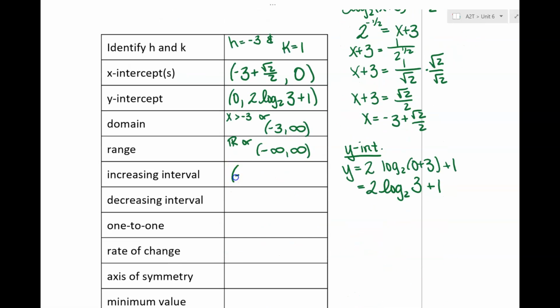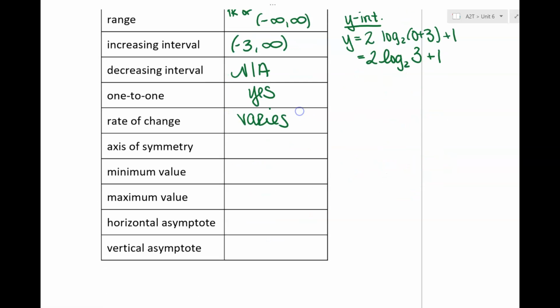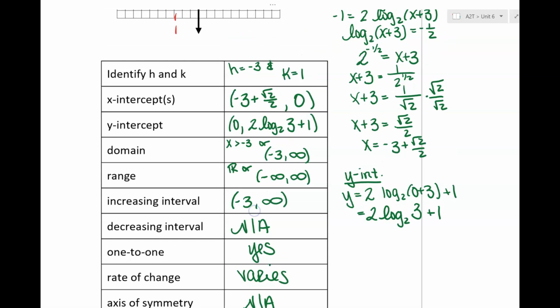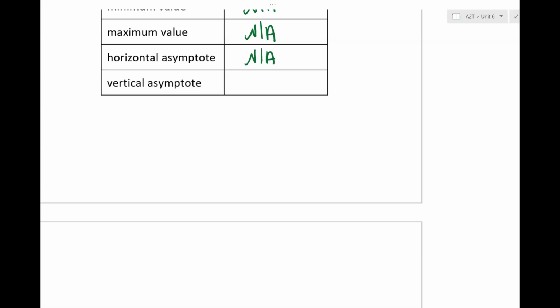So we're going to say it's increasing from -3 to infinity, not decreasing. Yes, it is 1 to 1. Rate of change varies. It is not a symmetrical graph. There aren't minimum or maximum values. We don't have a horizontal asymptote. It's the inverse of an exponential function. And the vertical asymptote is at x equals -3.